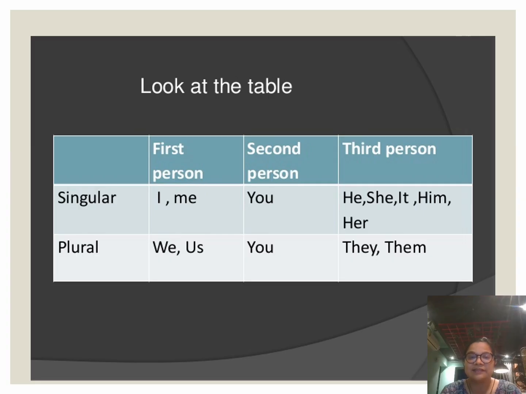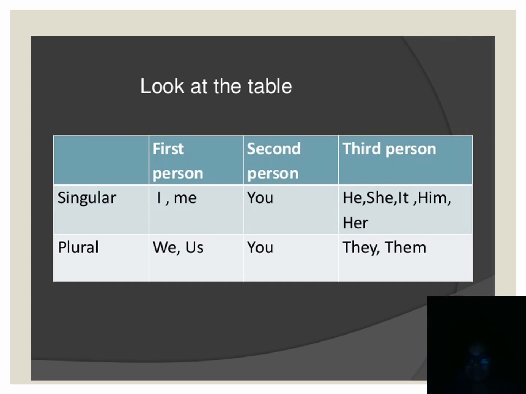Now look at this table. In singular we have first person I, me, second person you, third person he, she, it, him, her. Then in plural, first person we have we, us, second person you, and third person they, them.